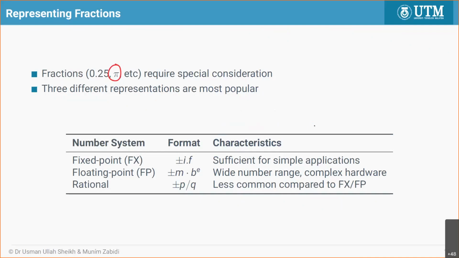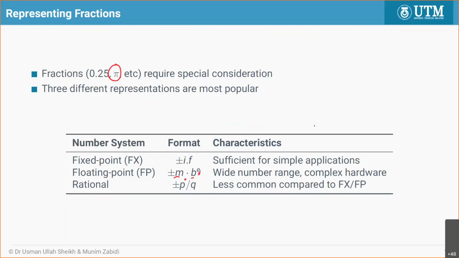Then we have a more powerful representation, the floating point representation, with mantissa times base raised to the power e. Floating point has a wide number range and requires complex hardware if we do it in hardware.